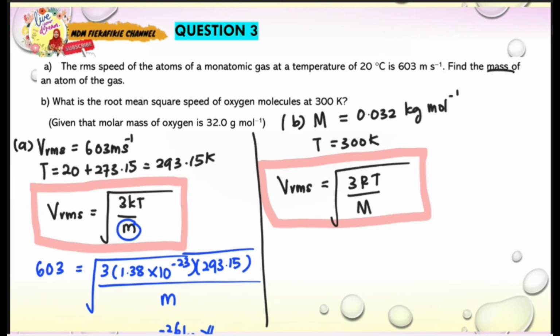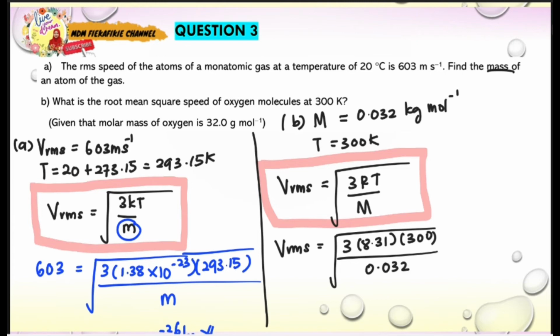Oh, sorry. Sekejap ya. So, VRMS is equal to square root 8.31, T is 300 over molar mass 0.032. And then, therefore, VRMS is equal to 483.4 meter per second. Okay, so this is the answer for question 3, and then finish question 3.